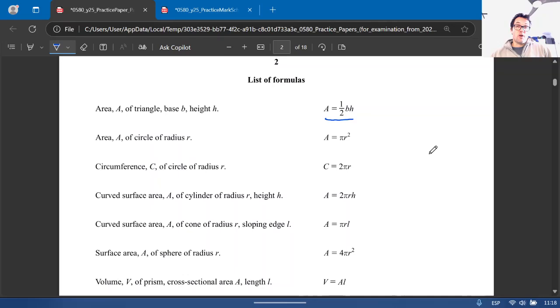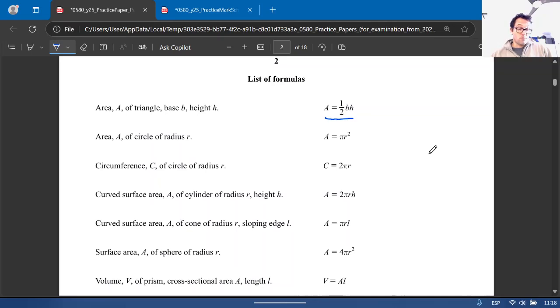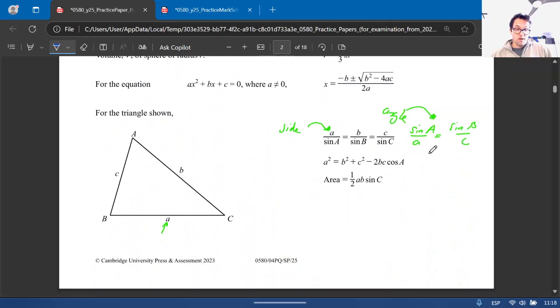But what if you don't have the perpendicular height, like we don't have it there? There's another formula, the very last one: half ab sin C. Again, what we need is two sides and the included angle, the angle in between the two sides.